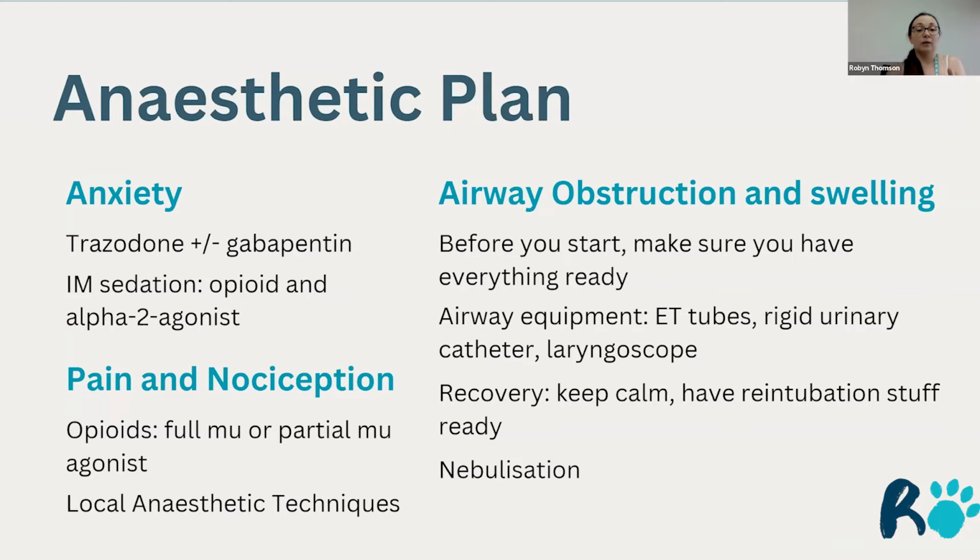So I am going to use drugs that are going to give me quite a profound sedation potentially, and I can get that IV access quite quickly. So I will typically use an opioid and an alpha-2 agonist in these patients. As this is a painful procedure, I'm going to use either a full mu or partial mu agonist. In him, because I'm going IM, I'm probably going to go for methadone because the volume is going to be lower.